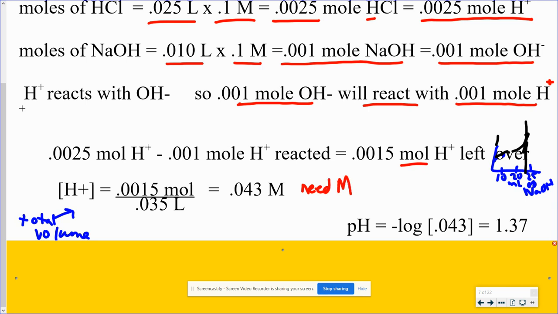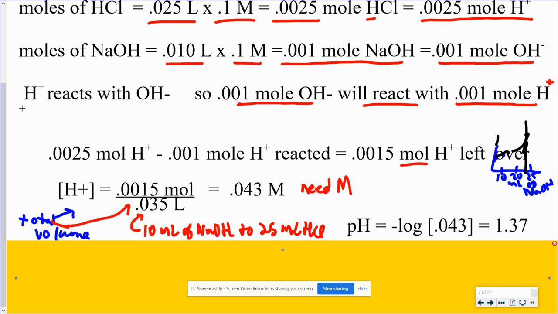So now I go back and divide by the total volume. Okay, I had 10 mils of NaOH added to 25 mils of HCl. So my total volume is 0.035 liters.